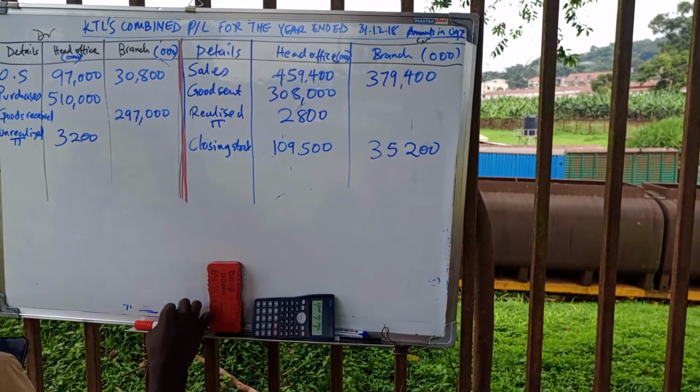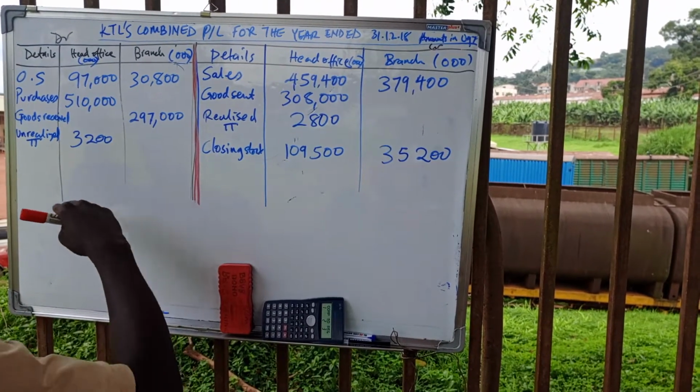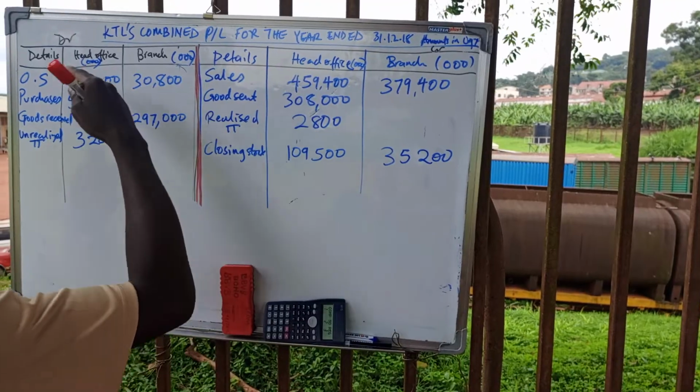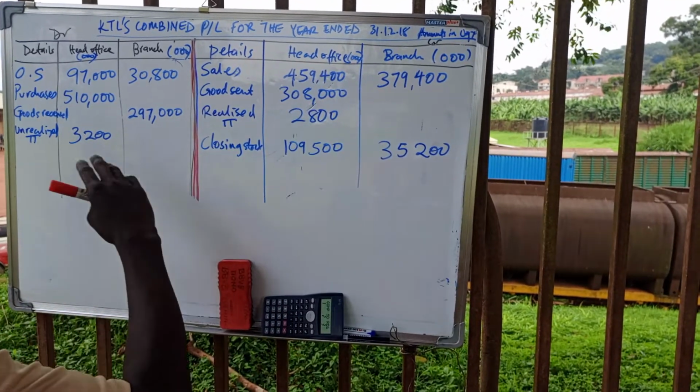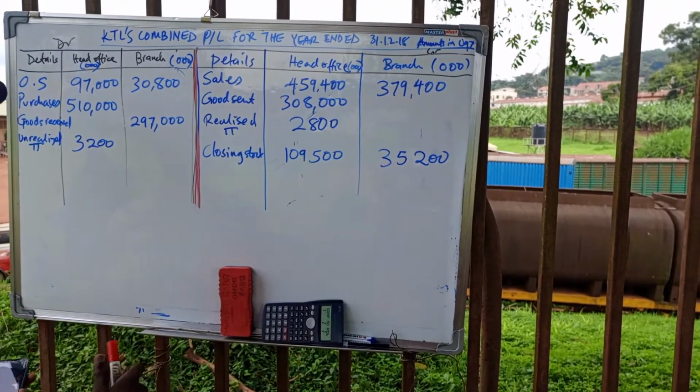So now at this point, because in our income statement we start from sales, we have finished the sales. Then we got opening stock plus purchases. We less closing stock, which is this one. Then we can get our gross profit.